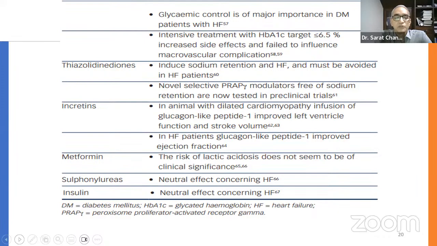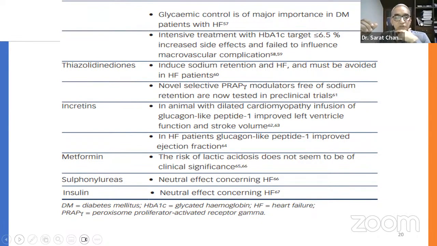But both sulfonylureas and insulin tend to increase the body weight of the patient. So if a heart failure patient's body weight increases because you are using these drugs, you have to insist that the patient make an effort not to put on weight. Because if the weight increases, the load on the heart increases, and therefore heart failure can become worse.